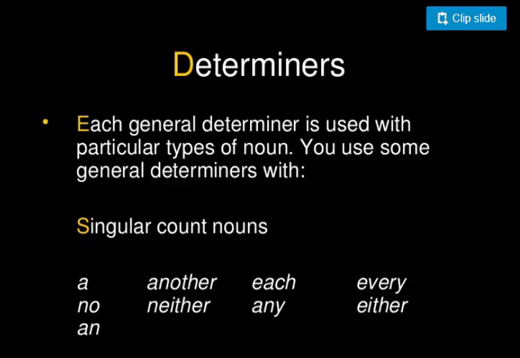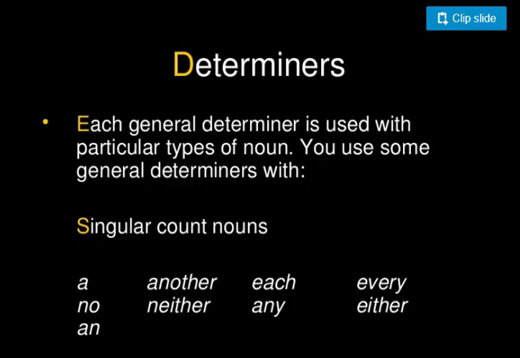You use some general determinants with the singular count nouns. So what are the singular count nouns? That you can use as a singular one, where it is easy to count, and what is impossible to count? So these determinants are used with the count nouns: another, each, every, no, neither, any, either.